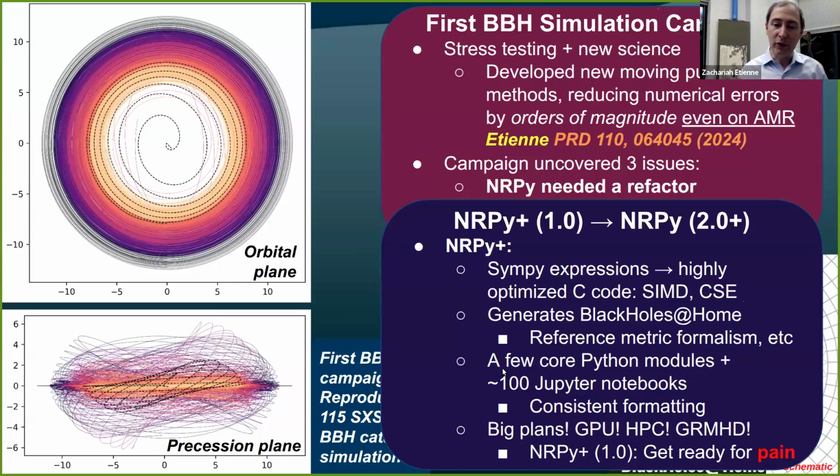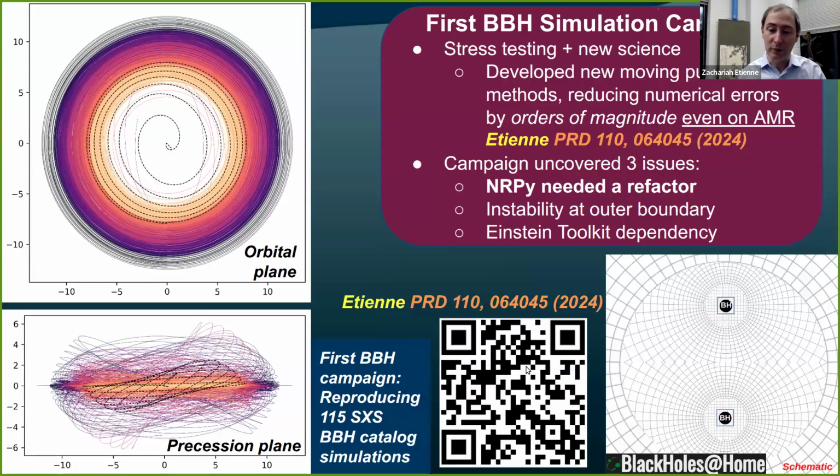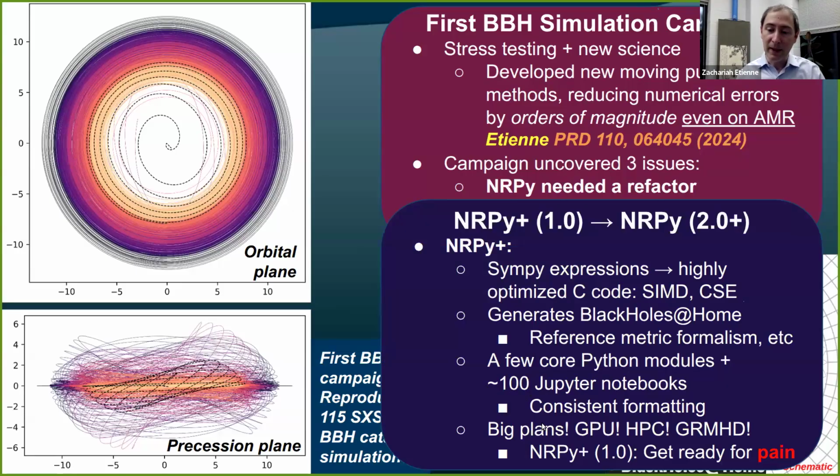NRPy Plus, NRPy 1.0, consists of a few core Python modules, I would say of order 20, and around 100 Jupyter notebooks. No joke, 100 Jupyter notebooks. And we've been very careful that these Jupyter notebooks have been well curated and contain consistent formatting. Each one has a table of contents, an abstract, a title, and every section is clickable, small, and easy to understand.